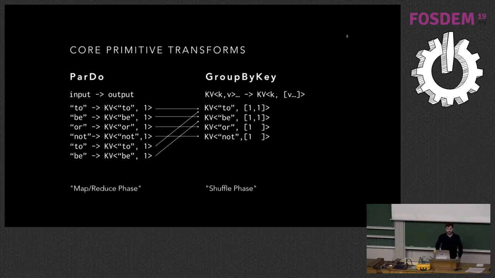In Beam, you use a ParDo, which stands for parallel do, to transform your words into key-value objects with a 1, which stands for the number of occurrences. Then you do a GroupByKey, which shuffles the data and gives you a list of all the values for every distinct key. Then you can sum them up, and you know that "to" is twice in this list, and "be" also, and the others just once.